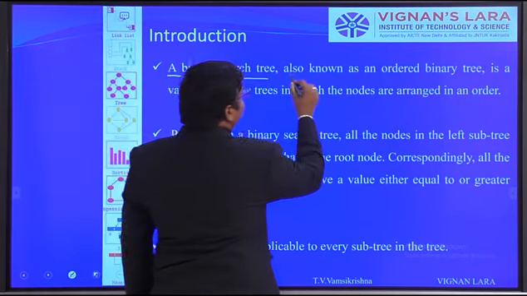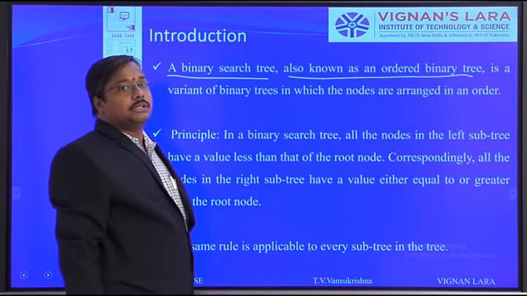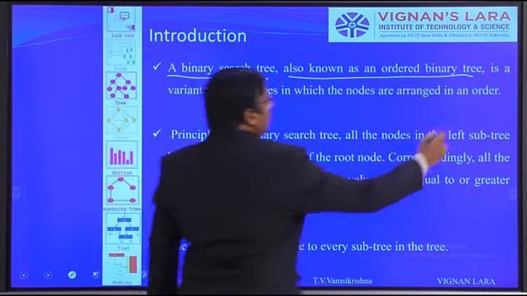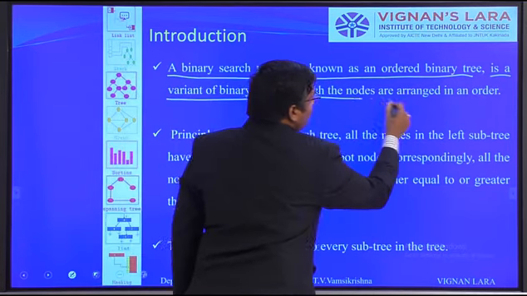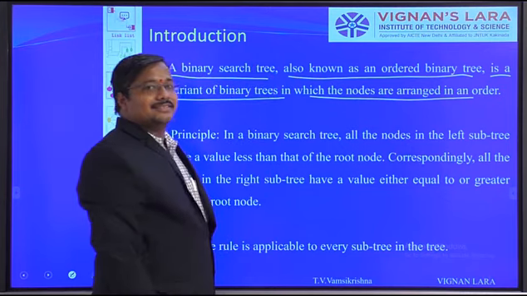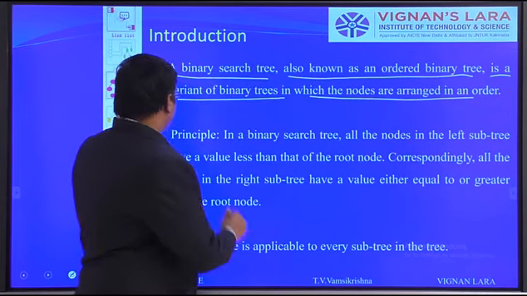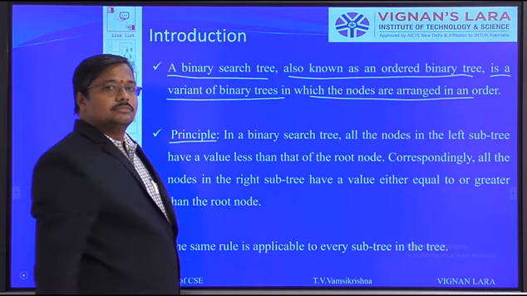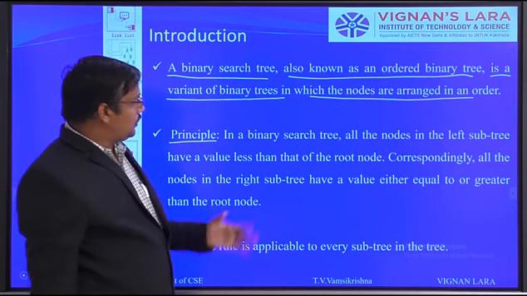A binary search tree is also known as an ordered binary tree. It is a variant of binary trees in which the nodes are arranged in a particular order. Whenever they ask you to define a binary search tree, you need to write this.